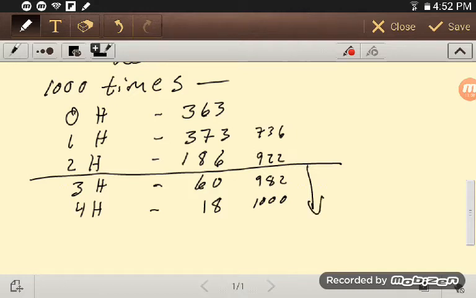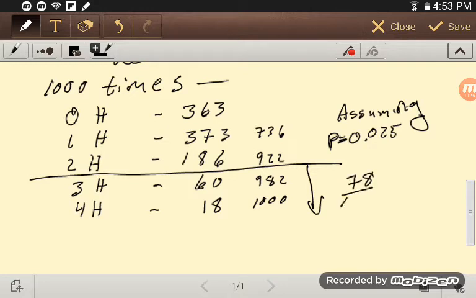Now, assuming 0.025 for our proportion of defects, what we found by sampling 40 pieces out of a population of 0.025 and doing that 1,000 times, what we found was that there were 78 out of 1,000, which is equal to 0.078.